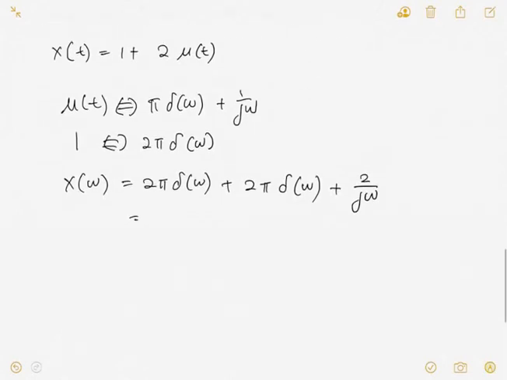That is equivalent to 4 pi delta(omega) plus 2 over j omega.